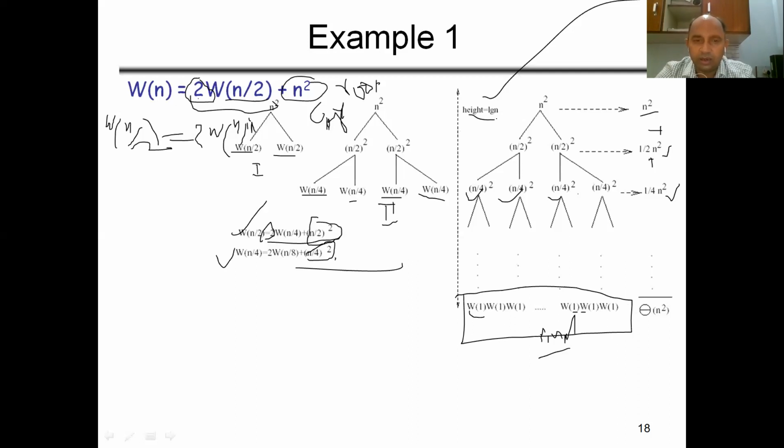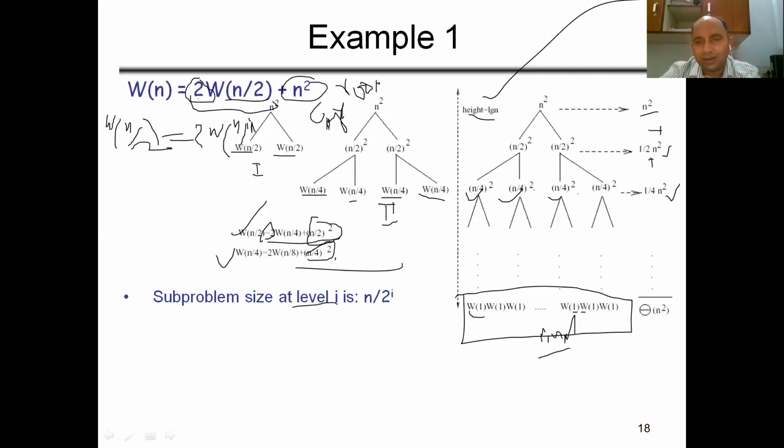At the last level, the problem is reducing every time by 2. Here n square, here (n/2) square, here (n/4) square. So at last it becomes 1.